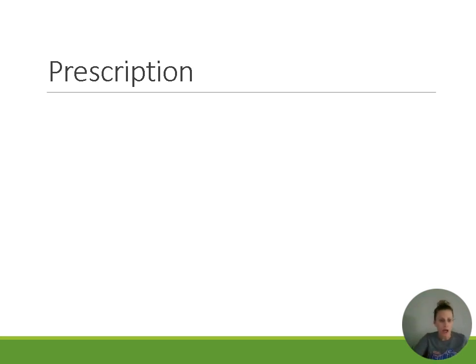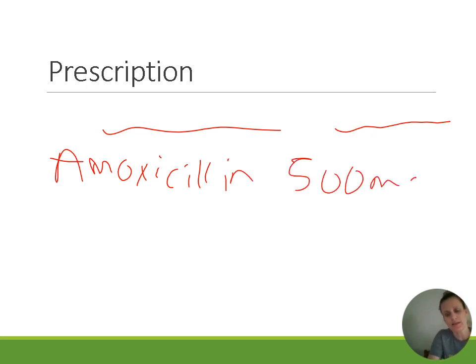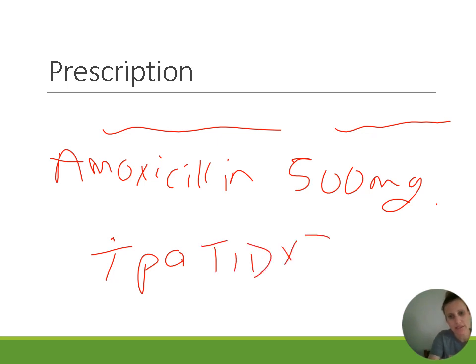Okay, our prescription for a patient. So our patient's name, our patient's date of birth, today's date, and then we are writing for amoxicillin 500 milligram tablets. We are going to tell the patient to take 1 tablet by mouth, TID, 3 times a day, times 7 days.